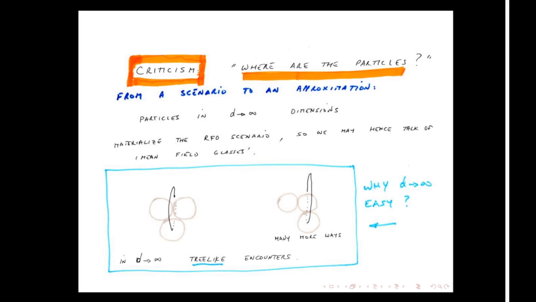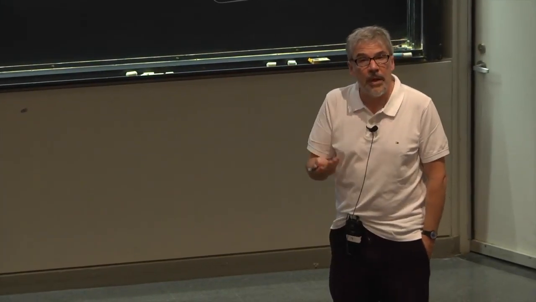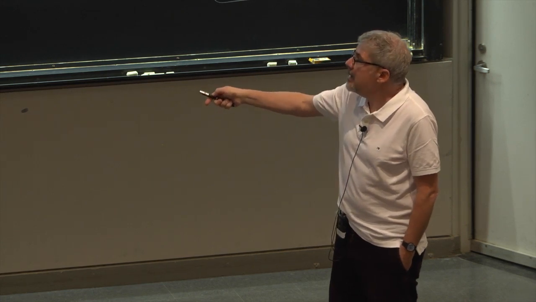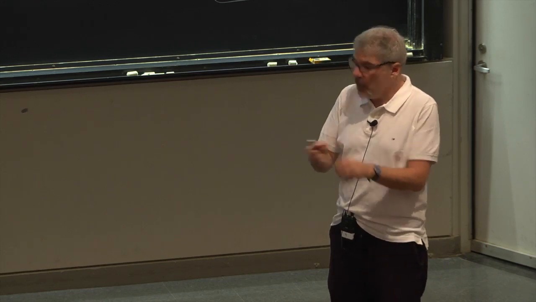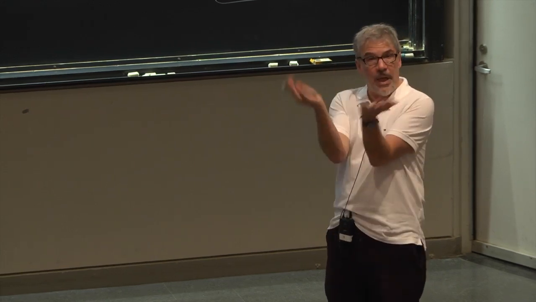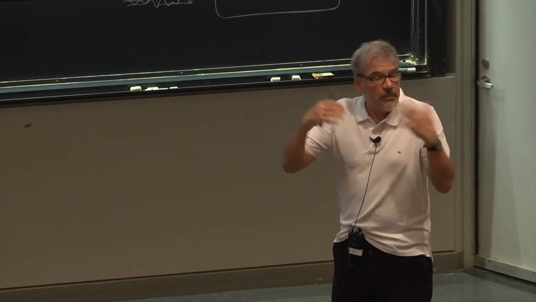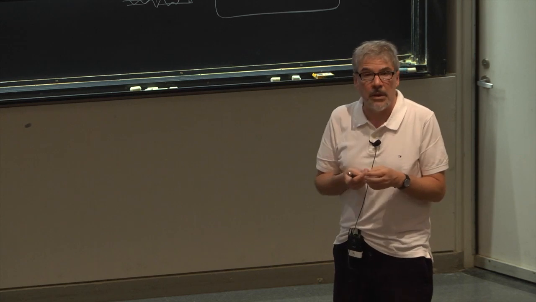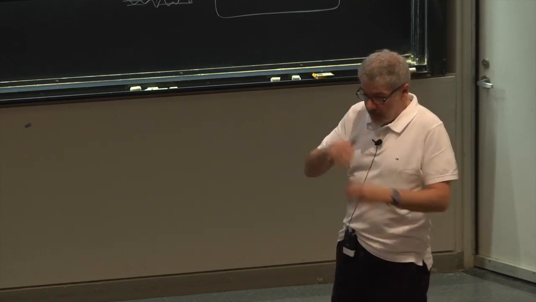Try it in more dimensions, and you will see that this ratio blows up to infinity. It's easy to see why, because the number of ways in which you can put the third one in 4 dimensions becomes a 2-dimensional manifold. In d dimensions, it becomes a d minus 2, d minus 1 manifold.